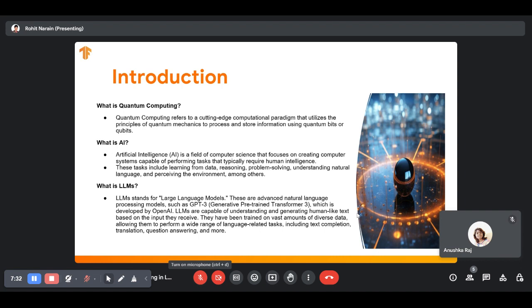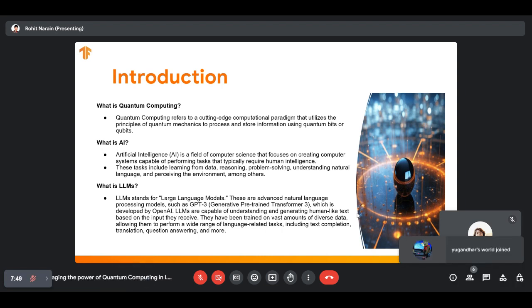Quantum computing is a type of computing which takes advantage of the principles of quantum mechanics. Maybe in your studies, in plus one or plus two or in engineering, you have heard a lot about quantum principles, which deal with the behavior of small particles at a quantum level.